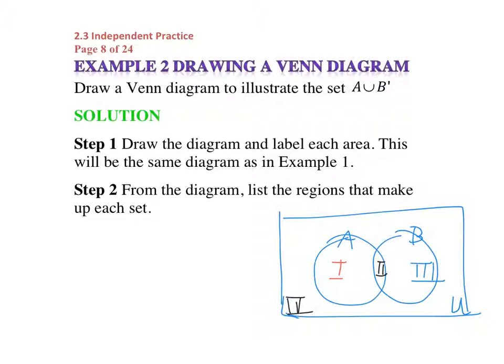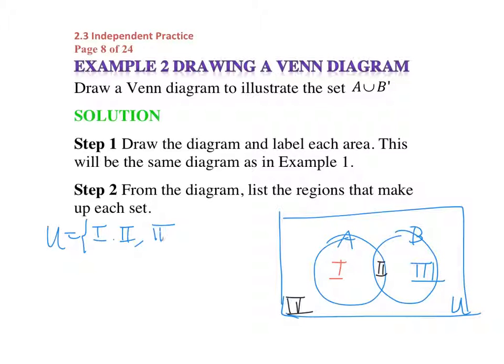Okay, here's an example. This time we have to illustrate the set A intersect B complement. So we have to find B complement. First step is to draw that Venn diagram with 4 regions that we talked about, and I put it in the corner here. Secondly, we again have to list everything. So let's start with the universal set. It's always the easiest.